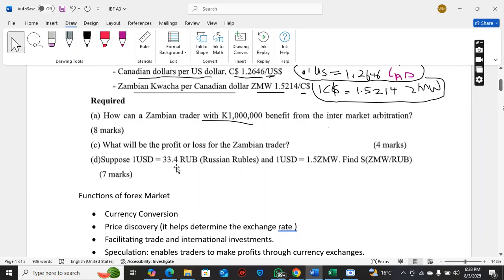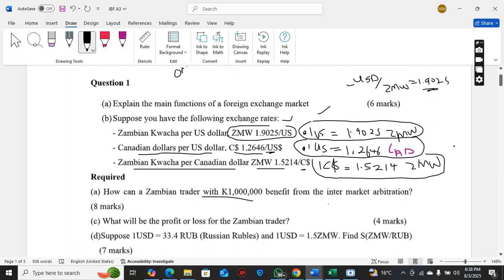suppose $1 equals 33.4 Russian rubles and $1 equals 1.75 Zambian kwacha. Find ZMW over RUB. Okay, so as I said, when you see a currency over a currency like this one, ZMW over RUB is the same as saying, find out how many Russian rubles one Zambian kwacha equals.